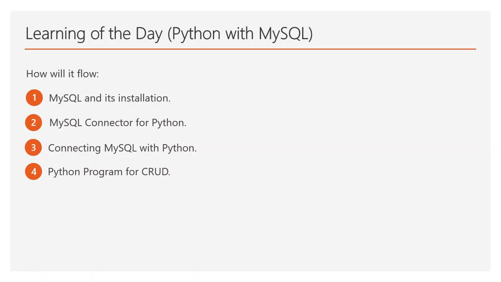So for that purpose, we have a driver or a program or software in between our code and the database management system. Now, for Python and MySQL, such a driver or package is called MySQL Connector. So you need to download and install MySQL Connector for Python. So a connector program between MySQL and Python. Now how to do that?